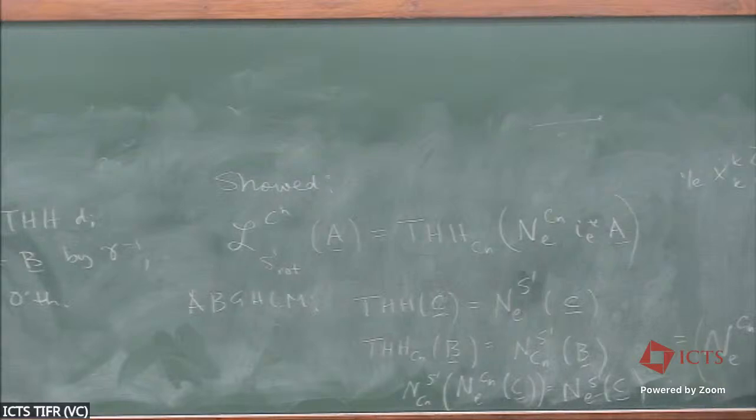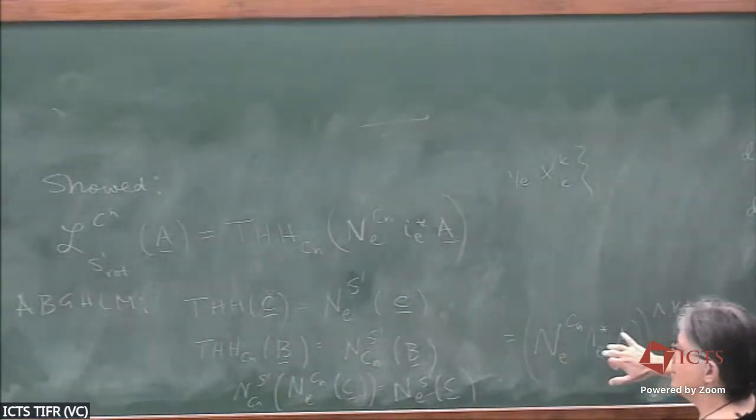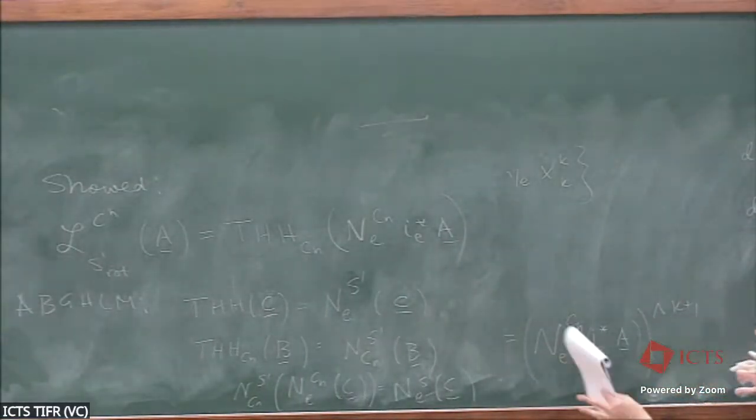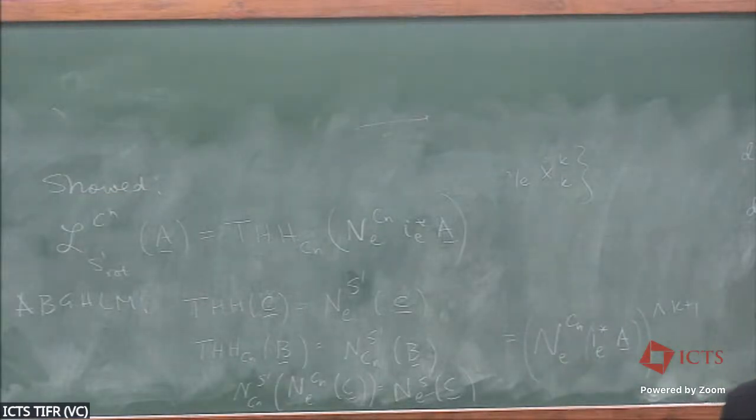Okay, so I have a construction. It includes the relative topological Hochschild homology of all these people. What is it really? There was the wasteful thing that I had some C_n structure on A that I threw out.